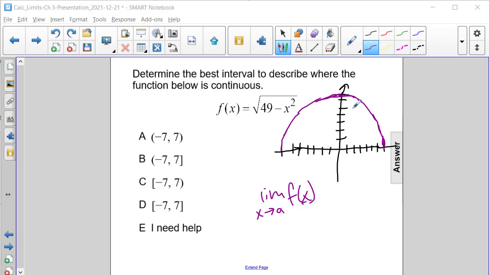If we were to select an a value, let's say 0, as x approaches 0 from both the left and the right, the function value approaches +7. And we can see that as the limit approaches any a value within this interval, it does approach the function values within this interval. So far, this does exist. We know that f of a exists. That's what we looked at first.